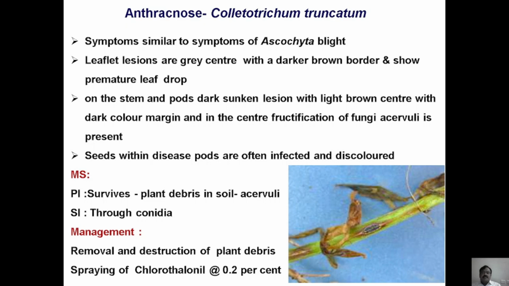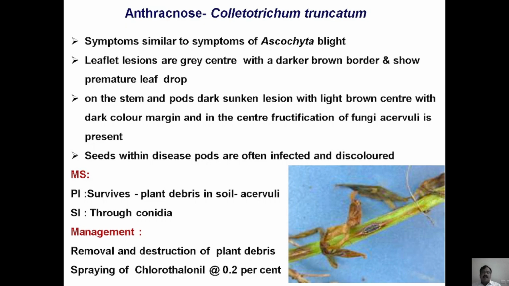The deep-seated sunken lesions formed on the stem may cause a girdling symptom, and it also produces lesions on the pods as well as on seeds. Affected seeds may become discolored, shriveled or malformed.